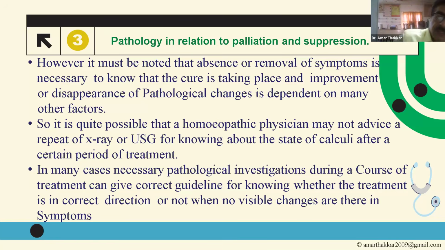However, this again, as I told you, must be used with great caution, because it is not that every time the same kind of possibilities may take place. For example, you have given a medicine on the basis of symptom totality for a patient who is suffering from hematuria. Now, that hematuria has occurred because of a renal calculi.